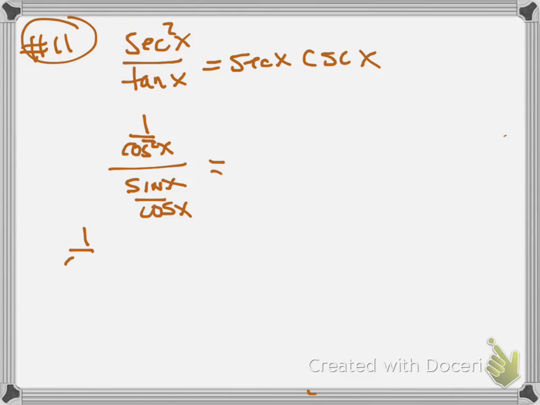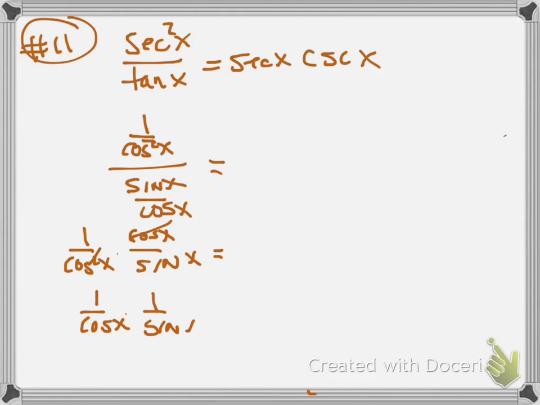So I have 1 over cosine squared, that's my numerator, times, when I take the reciprocal, cosine divided by sine, which is going to allow me to take 1 cosine and 1 cosine, and it looks like I have 1 over the cosine of x times 1 over the sine of x, which will give me the secant of x times the cosecant of x.